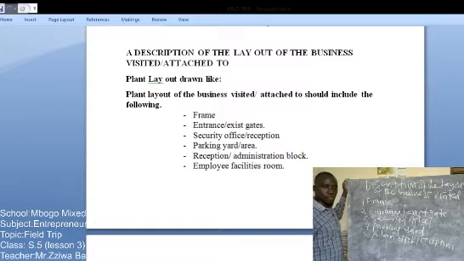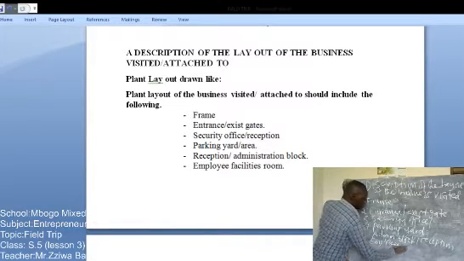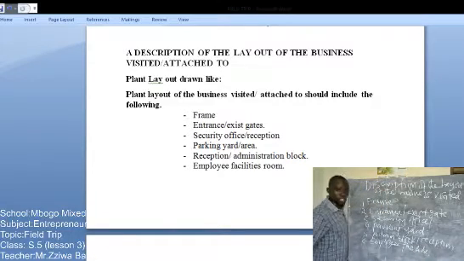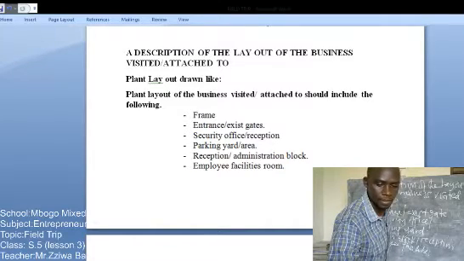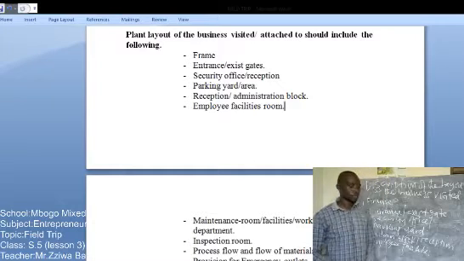We have employee facilities room or section. We have maintenance room. Hope you are noting down.